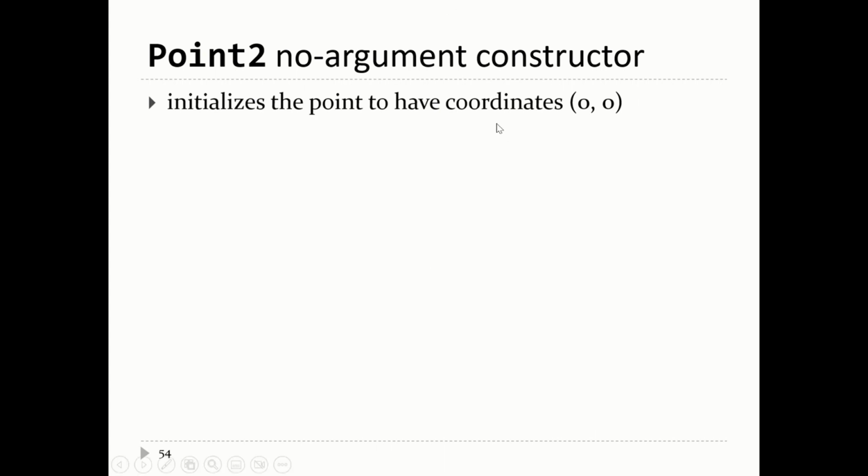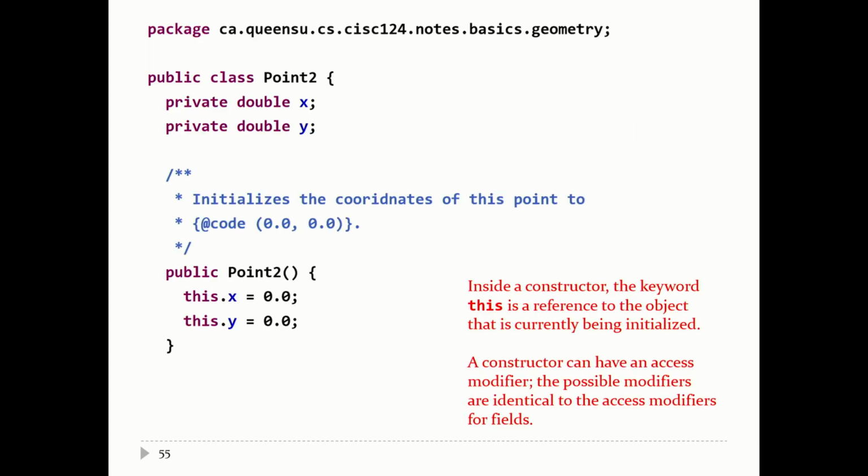So if we actually wanted to implement our own constructor explicitly, for point 2, so that the no argument constructor sets the coordinates to 0 and 0, it's easy to do. It looks like that. The name of the constructor is the same as the name of the class. It's a no argument constructor, so it has 2 round brackets, nothing inside.